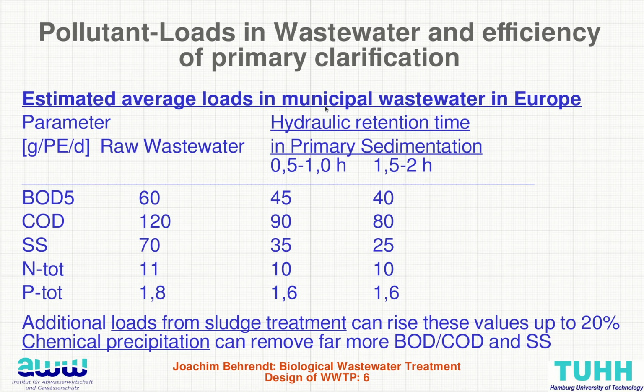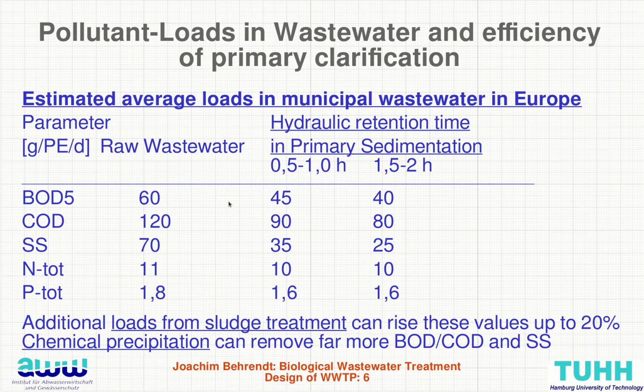Yes. The population equivalent maybe changes also from area to area, but in Europe we have these main wastewater parameters, the so-called population equivalents, and all data from industries are also given more or less in this case as gram per person and day of raw wastewater.